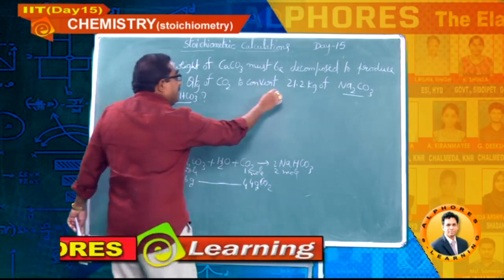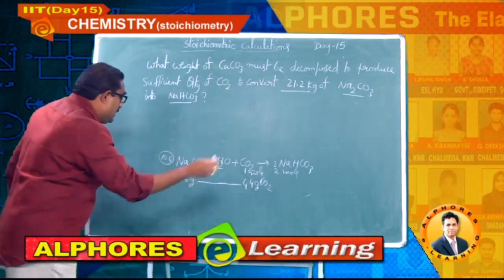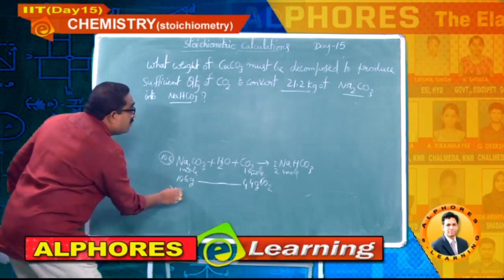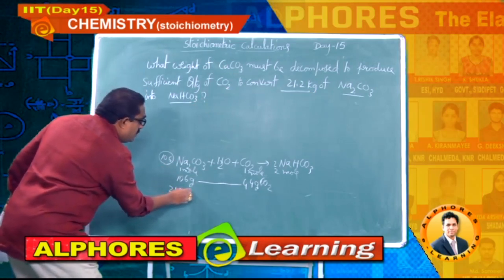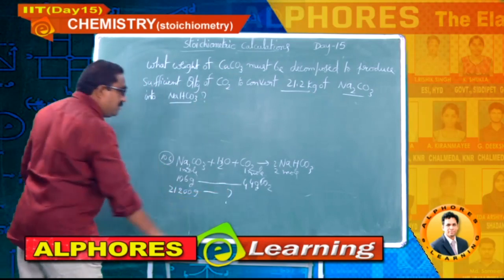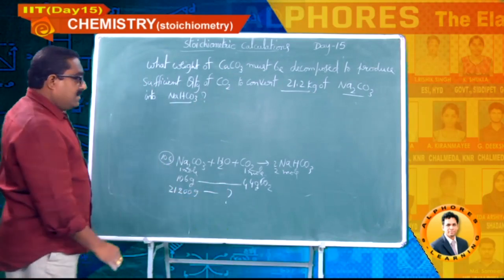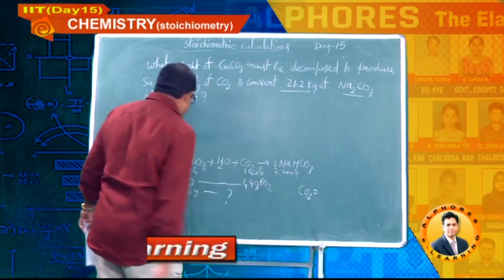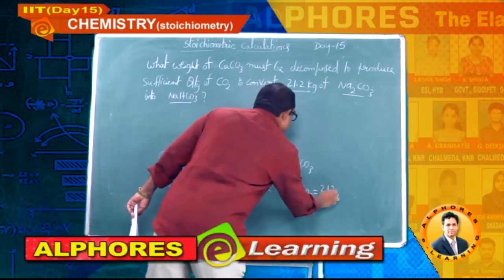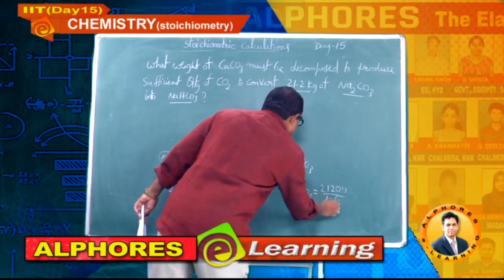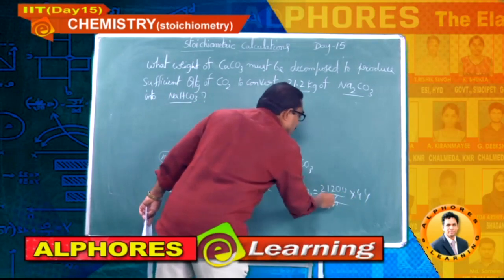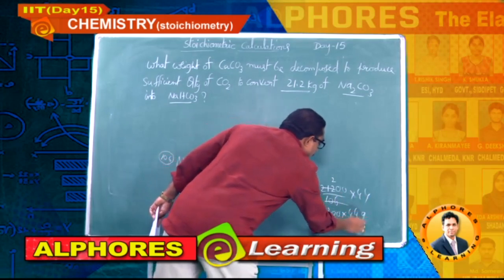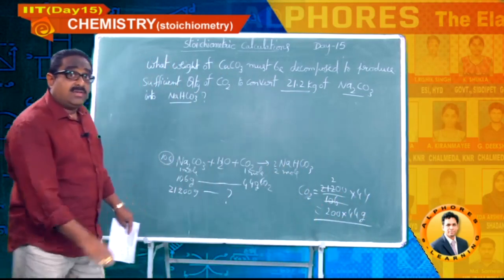But this time he has given 21.2 kg. Convert that into grams: 21.2 into 1000, 21200 grams. Now I get the mass of carbon dioxide equal to 21200 by 106 into 44 exactly. So 200 into 44 grams of CO2 is required.